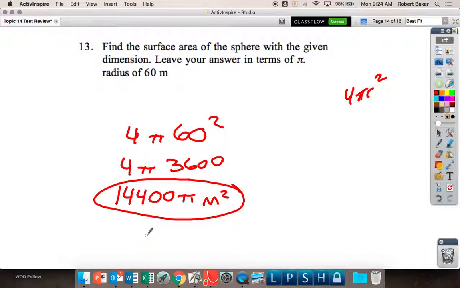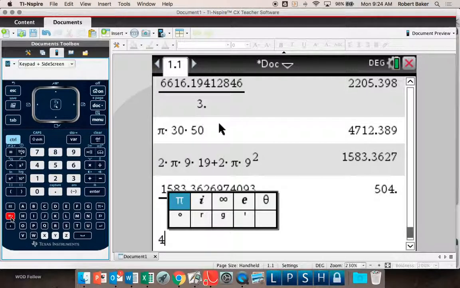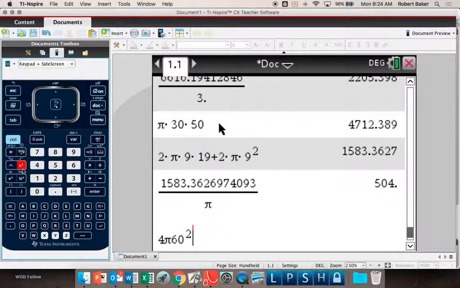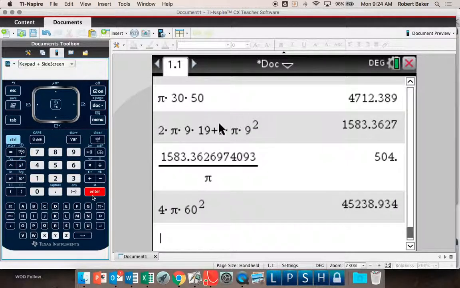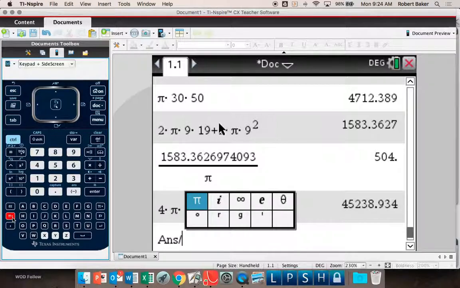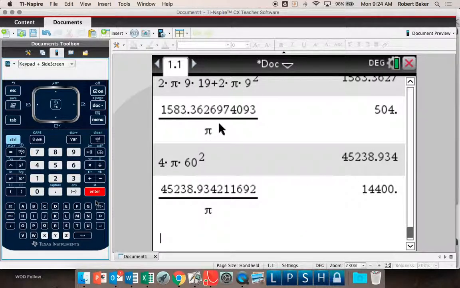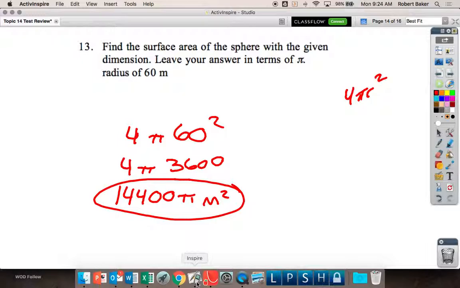You can still use your calculator to do that: 4 pi 60 squared. You can divide by pi, and it'll give you that 14,400 number. Make sure you put your units: 14,400 pi meters squared.